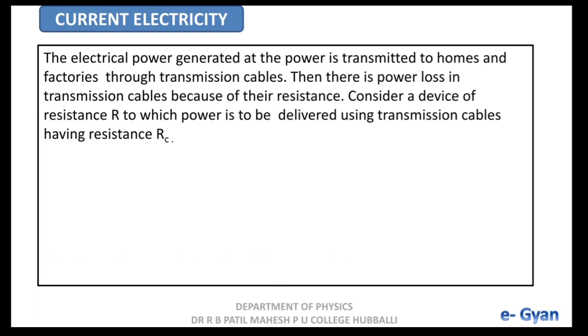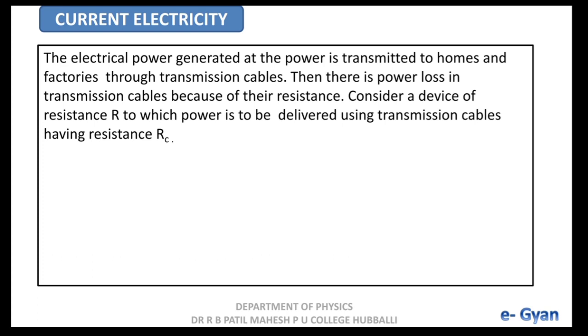Now let us see how to reduce this power loss through transmission cables. Consider a device of resistance R to which power is to be delivered using transmission cables having resistance RC.